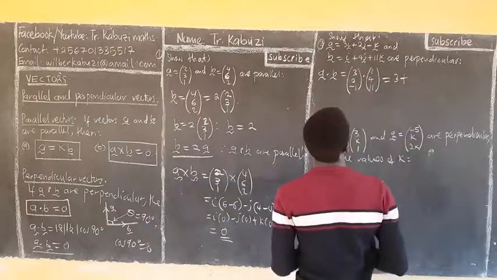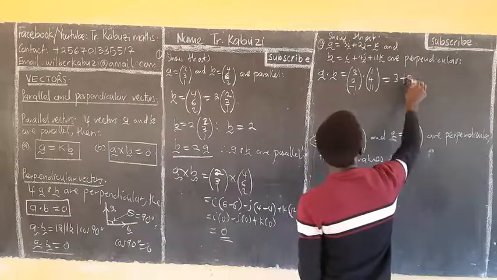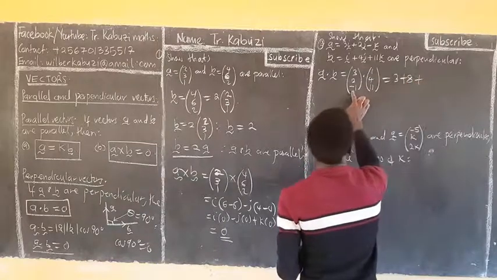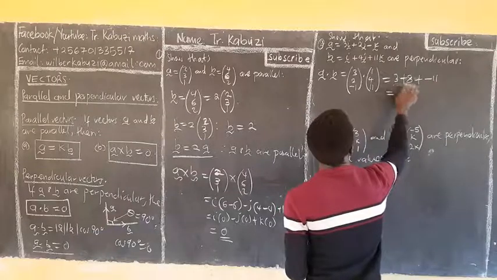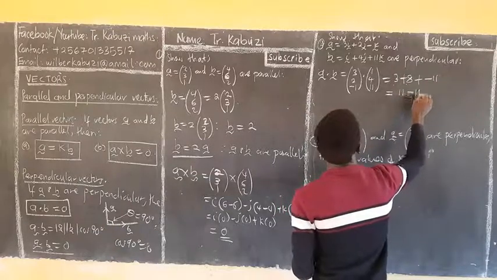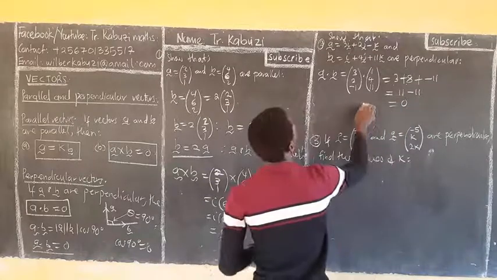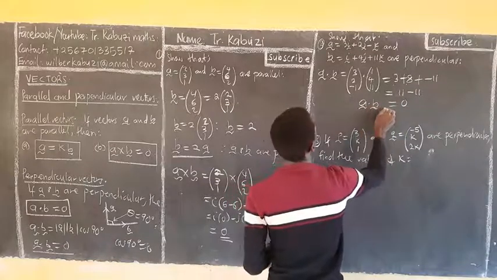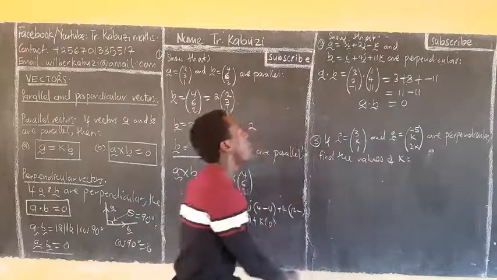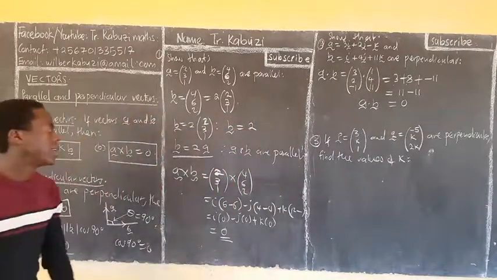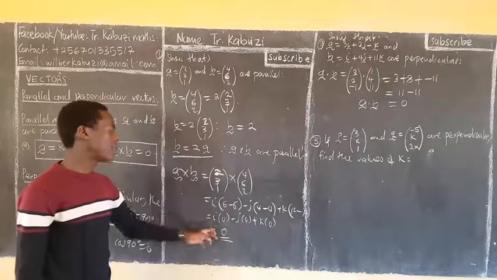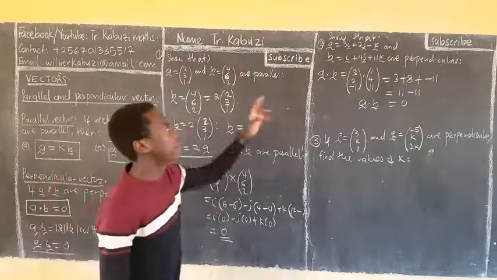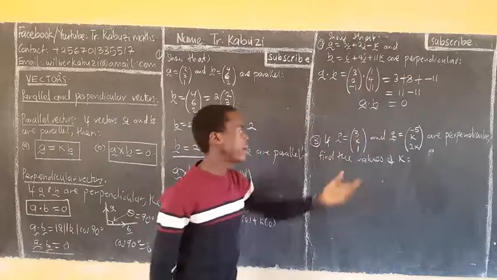Plus 2 times 4, you get 8. Then plus 11 times negative 1, which is negative 11. So we add 3 and 8, you get 11. Then minus 11, which is 0. Because the dot product is 0, A and B are perpendicular. So don't confuse vectors. If you cross them and get 0, they are parallel. But if you dot two vectors and you get 0, they are perpendicular.